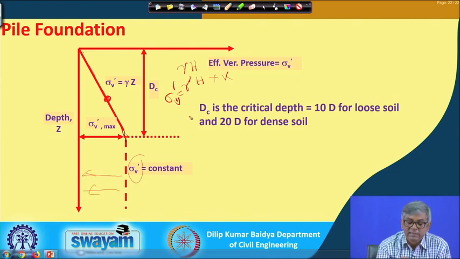This D_c is the critical depth, and approximately it can be estimated as 10 times the diameter of the pile for loose soil and 20 times the diameter for dense soil.